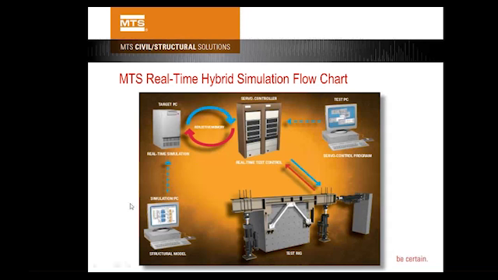So in here, you have to build your analysis model in Simulink, and because the Simulink model can be converted to C++ code, and this C++ code can be downloaded to a special PC called a Target PC.